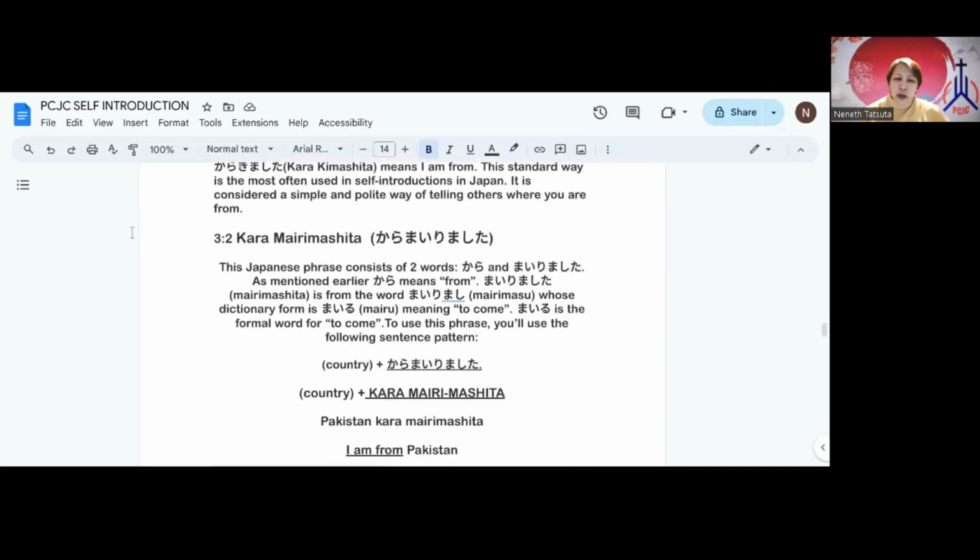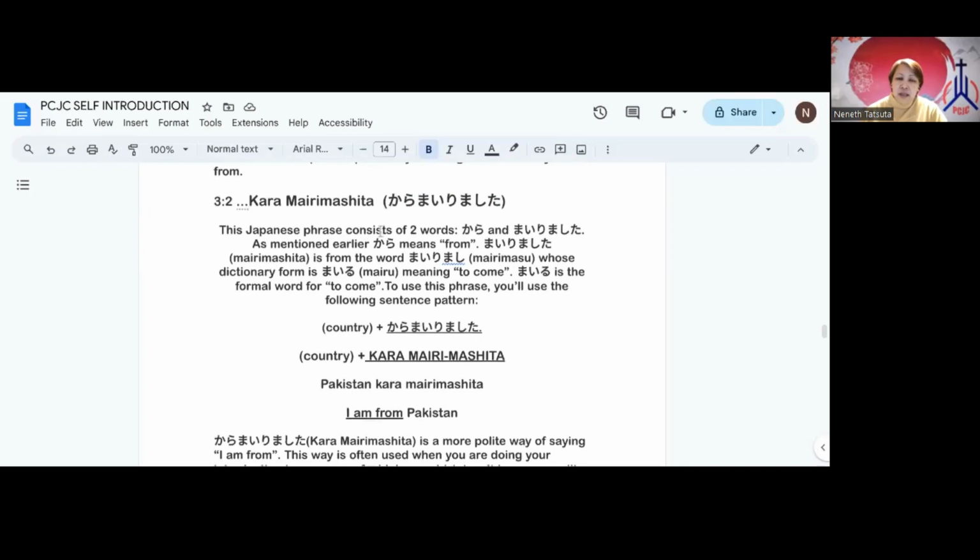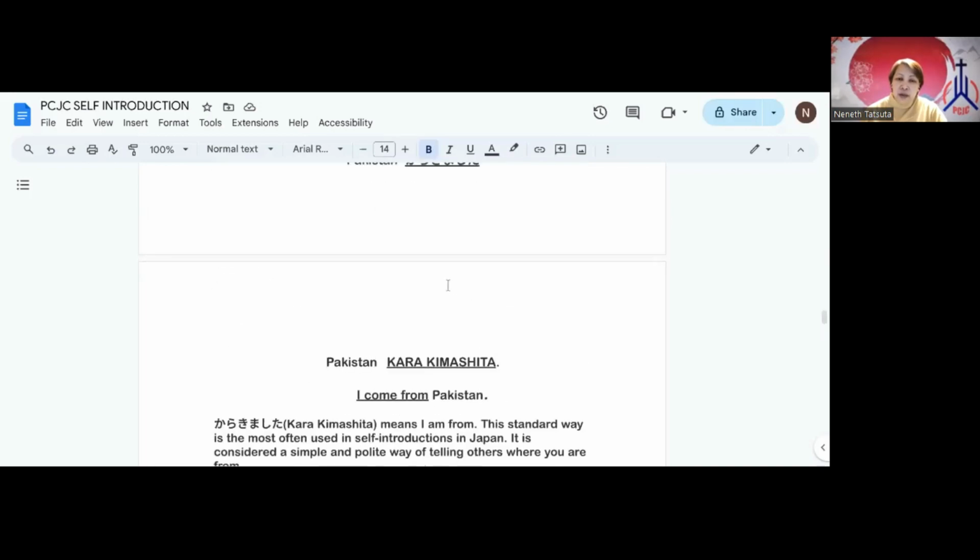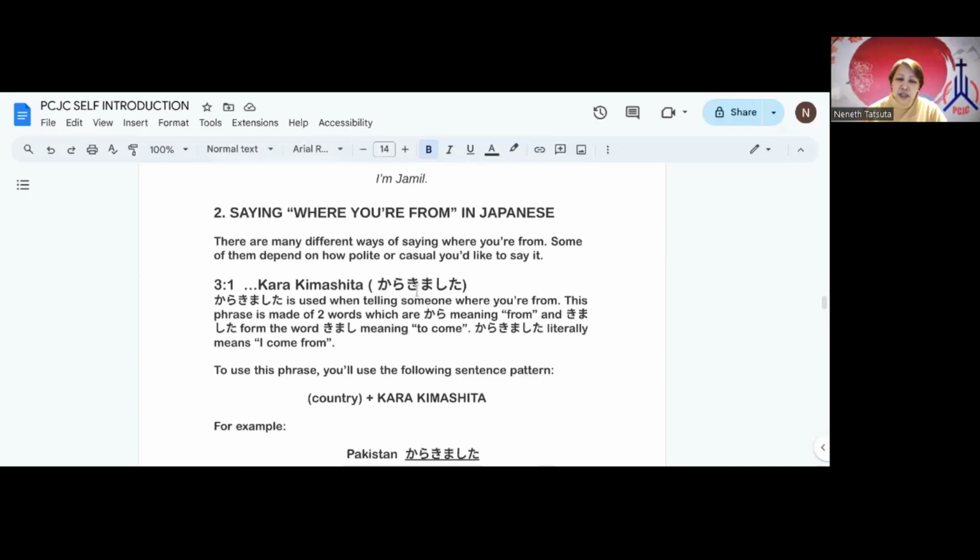Now, another one: place kara mairimashita. Again, kara means from, and mairimashita is another polite or formal word for to come. This is more formal than kara kimashita.